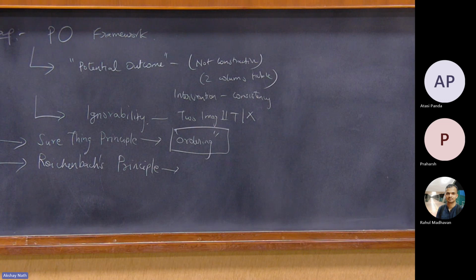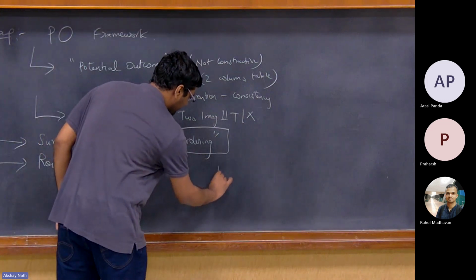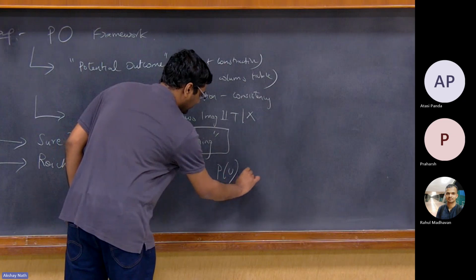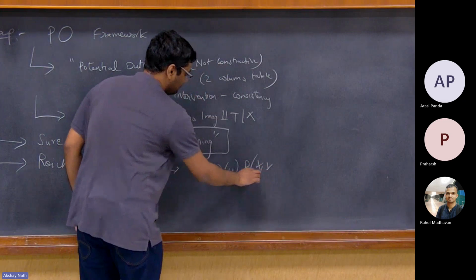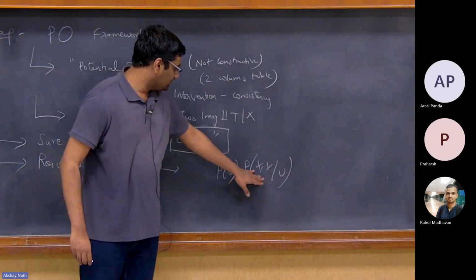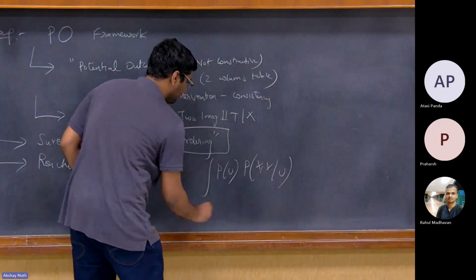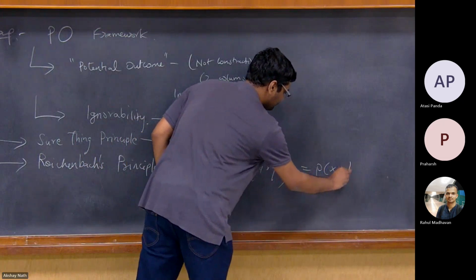So why is this principle so important? Well, all of classical theory, or all of classical physics, is about some hidden variables P of u, and then some joint distribution between the observable variables x and y given u. Now, the integral over this is what you observe as the observed correlation.